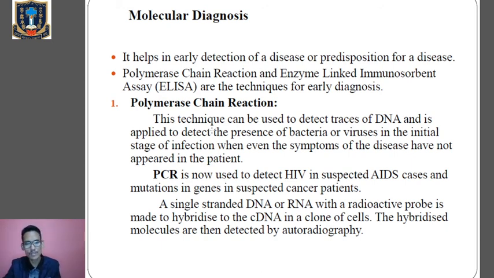If there is any mutation in the DNA, then the probe cannot form a double-stranded structure with the complementary DNA, and that will give us the idea whether there is a mutation or not. So PCR can be used for the detection of HIV at an early stage, and we can even detect cancers at an early stage using a DNA or RNA radioactive probe. Clear?